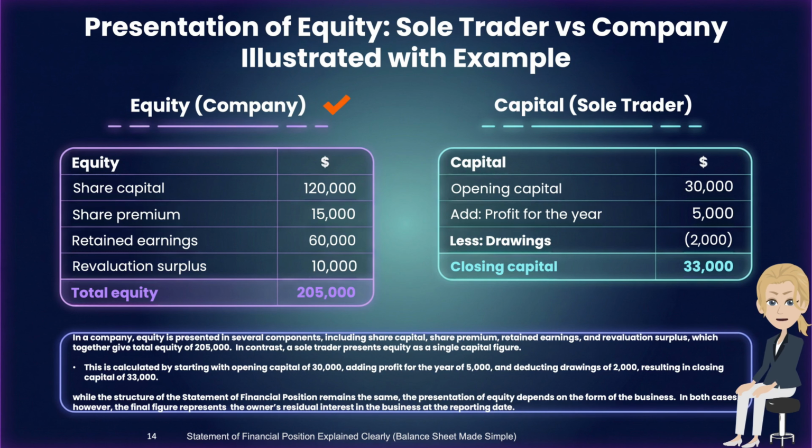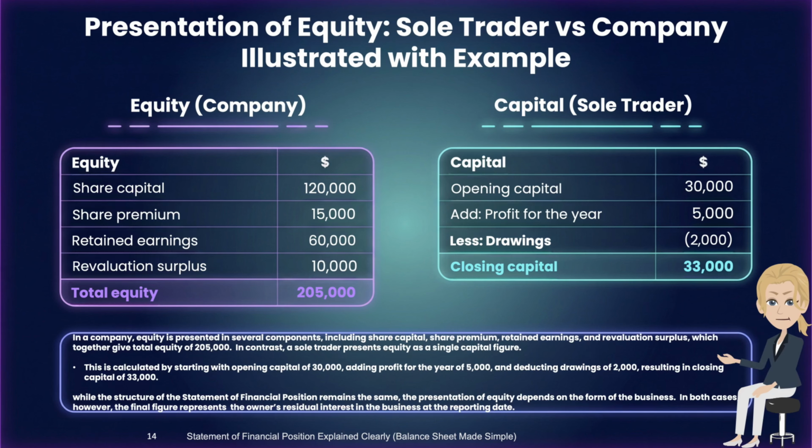In the case of a company, equity is presented as a combination of components: share capital of $120,000, share premium of $15,000, retained earnings of $60,000, and revaluation surplus of $10,000, resulting in total equity of $205,000.